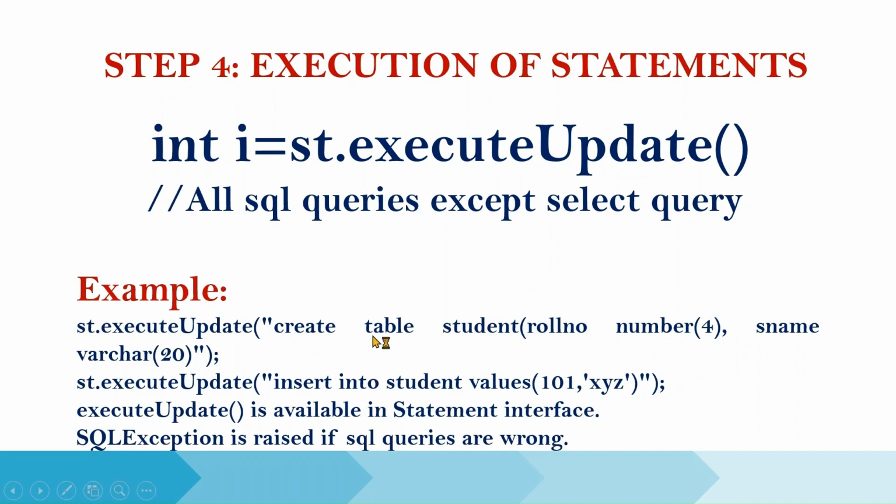Then you get one exception, that is SQLException. SQLException is raised if the SQL queries are wrong. So once you see this exception at runtime, you can directly go to this particular method, check what the query is and whether the syntax is correct or not, and you can rectify that. So in this way, we use executeUpdate for execution of this statement.